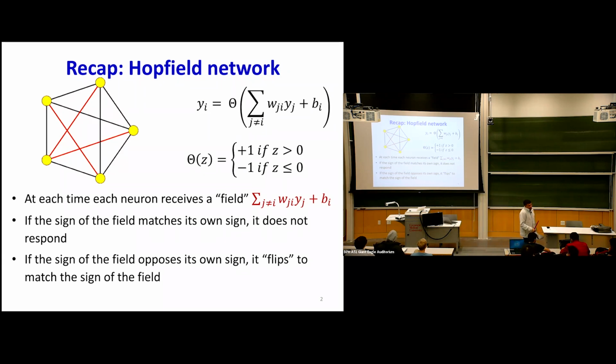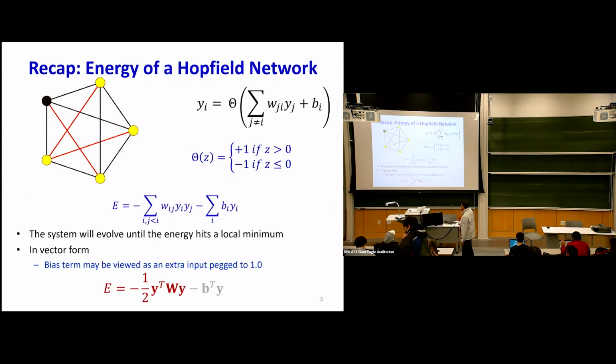So the way the network operated, if the sign of the field matched the sign of the output of the neuron, which is binary, 1 or -1, then the neuron didn't do anything. If the two signs did not match, it flipped. And we saw that this network would continue to evolve because of the loopy nature of the network. Anytime a neuron flipped, it would change the field at other neurons. So those neurons might flip, which could go back and change the field of the current neuron all over again, and which might then flip.